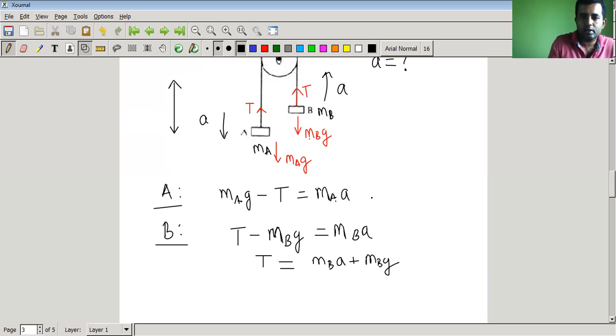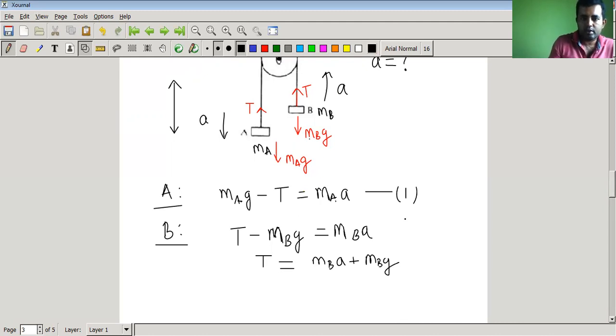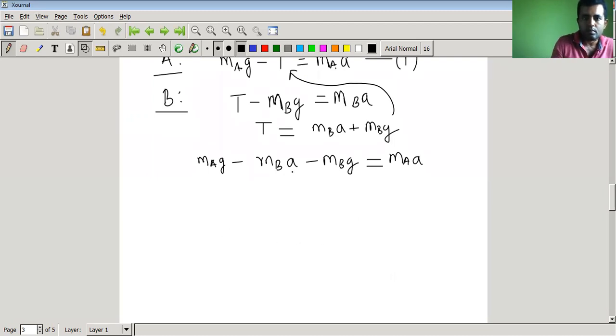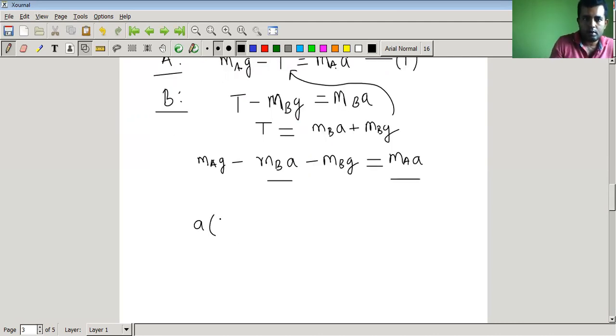So if I substitute this in this equation, let us say equation 1, putting this T here, we will get MAg minus MBa minus MBg equal to MAa, which will give, we can take this a common, so this will give a.